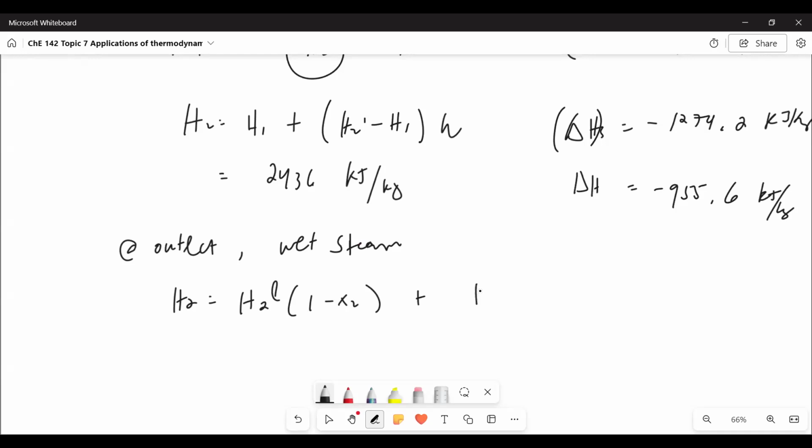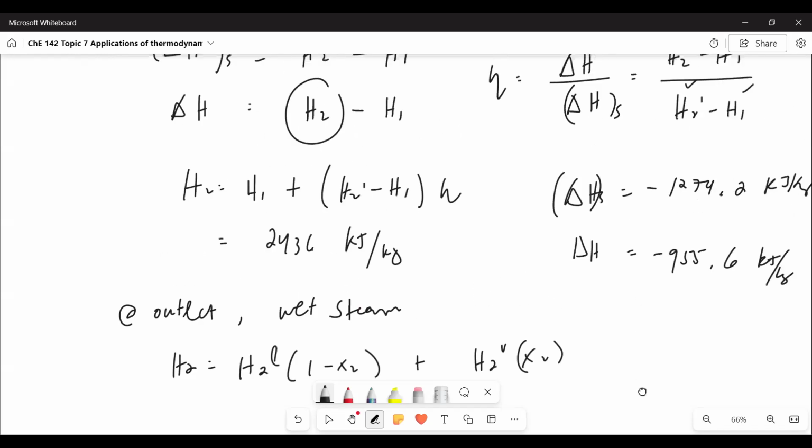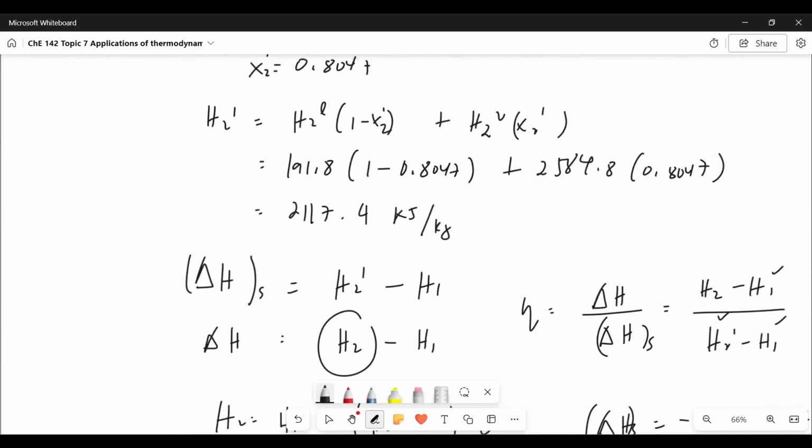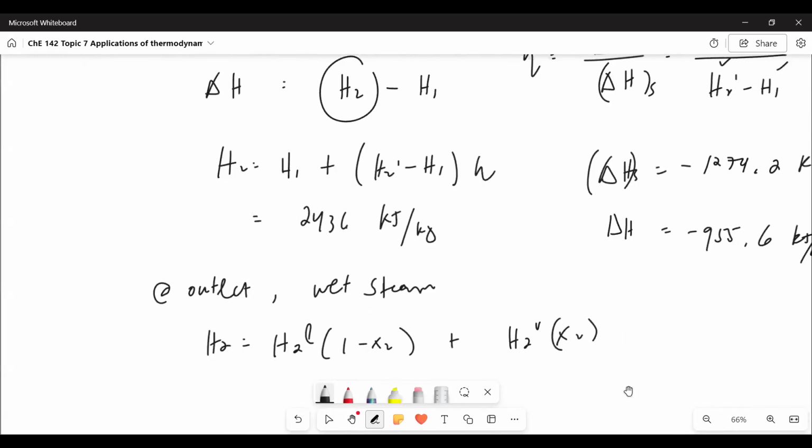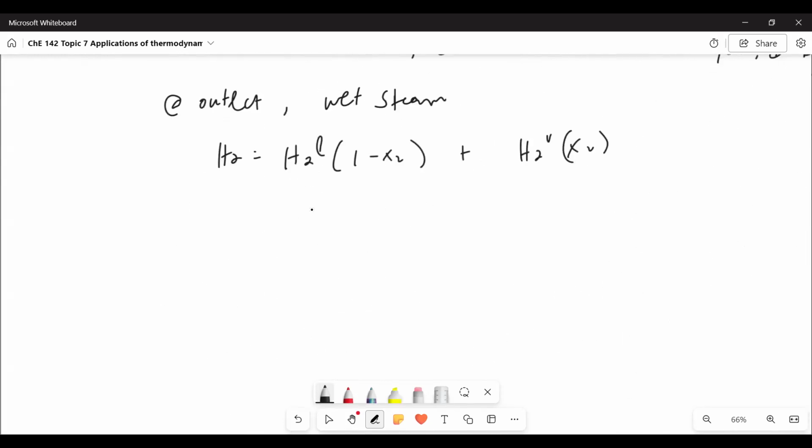This time this is the actual value of x2. Substitute everything. We know already H2. We know H2L, H2V from the steam table. X is the unknown. Solving for x2 actual, or the non-isentropic quality, what you'll get is 0.9378.